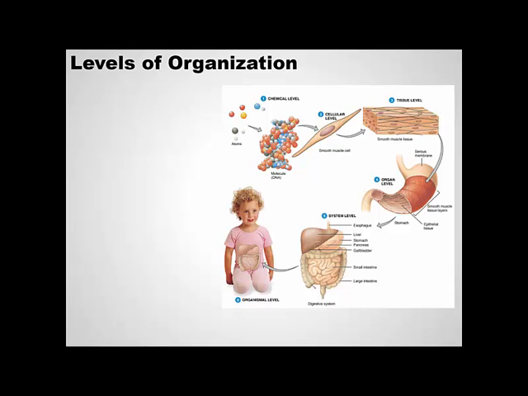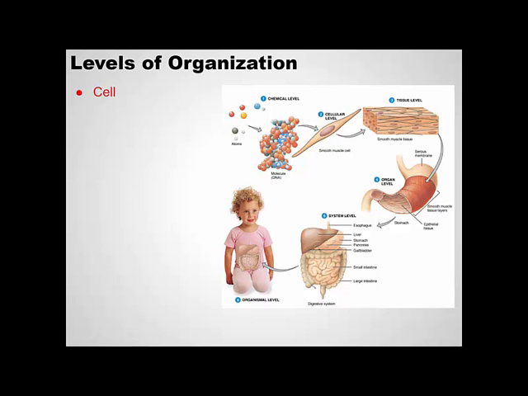So as we said, all living things are made of cells. Cells are the basic unit of life. Everything is made of at least one cell. Some organisms are just a cell, like an amoeba or bacteria. They're just one cell.